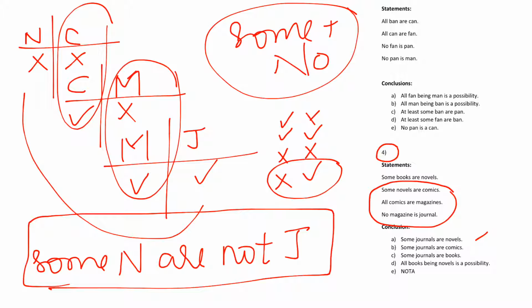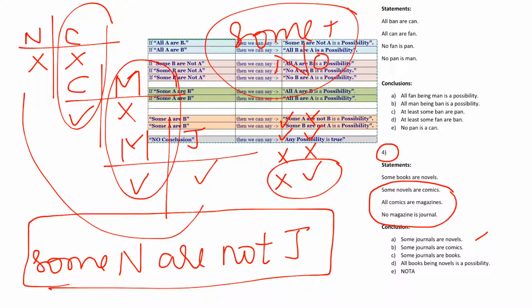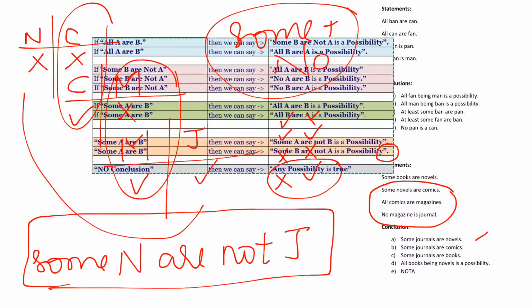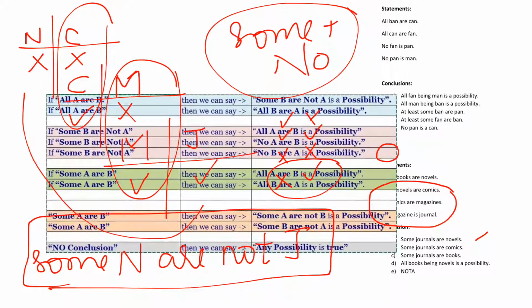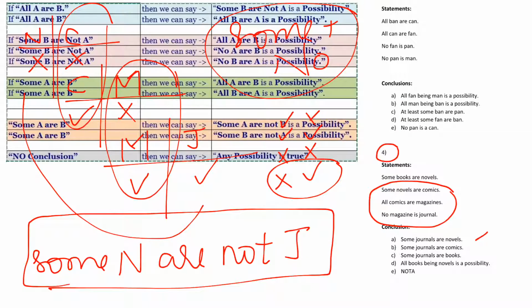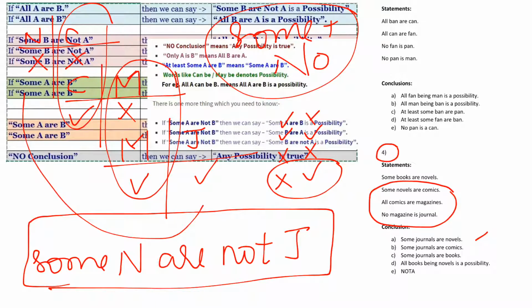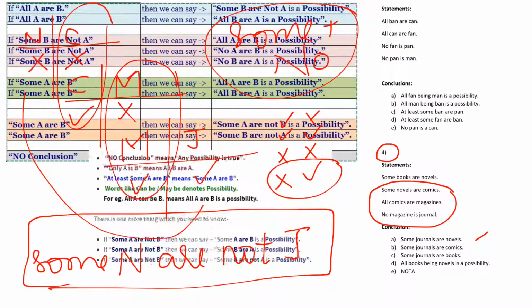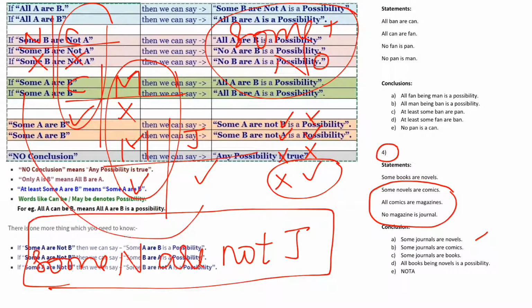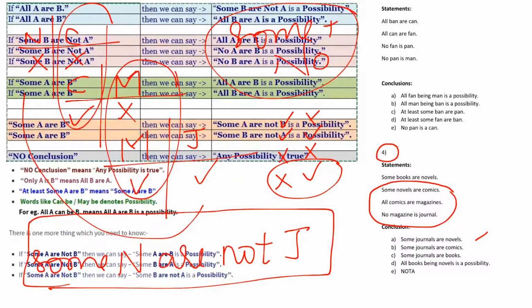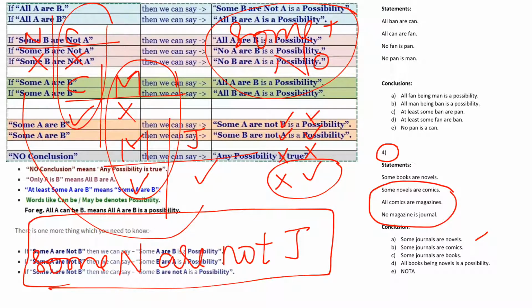Now let's see our possibility cases, because this is the question. Whenever you have some B R not A, you can say directly, which is not here in this chart. So we'll add another one and place it here. Why are we taking out this one? Because this is the second one, and you can see it here.